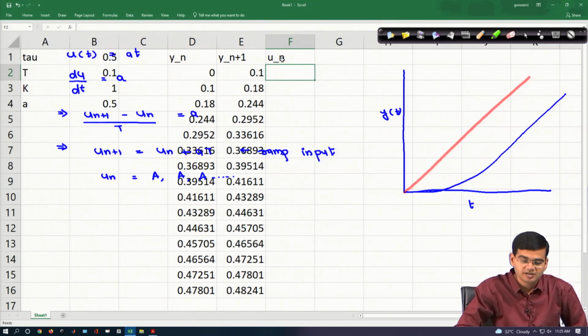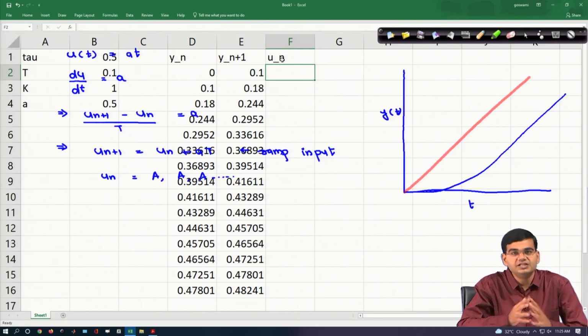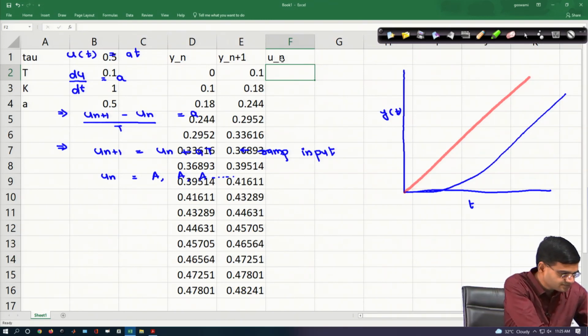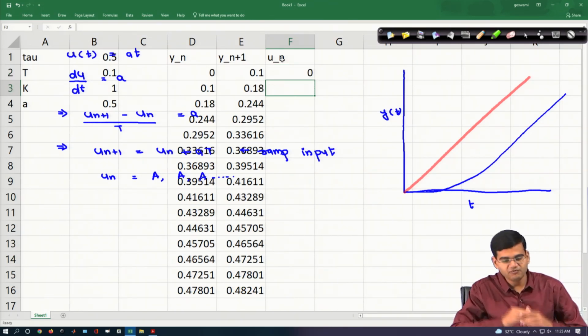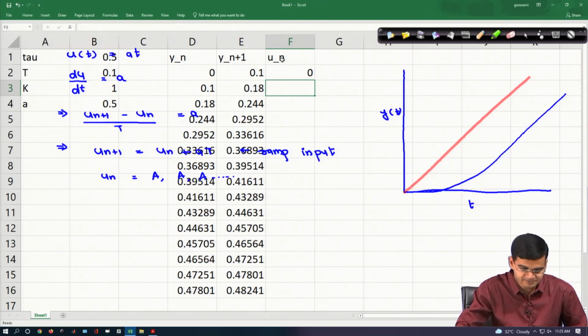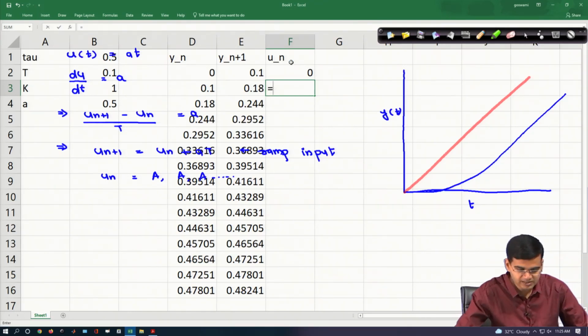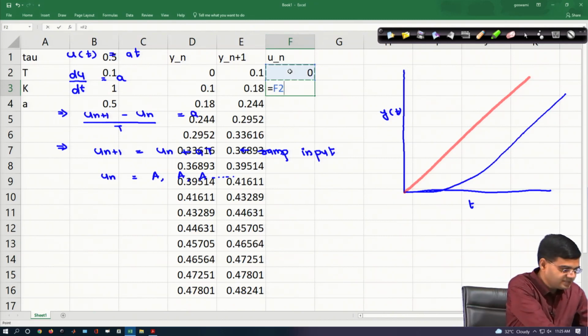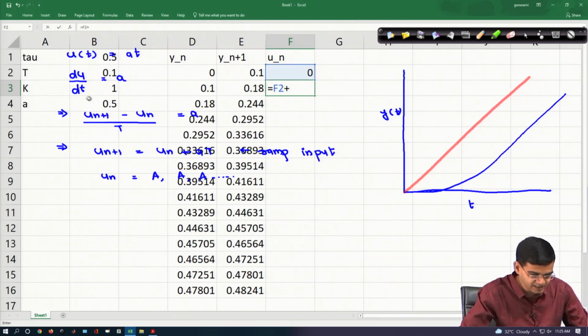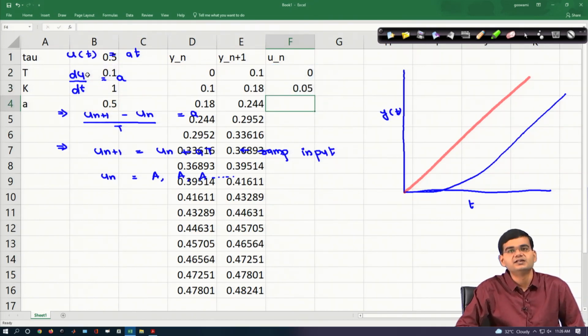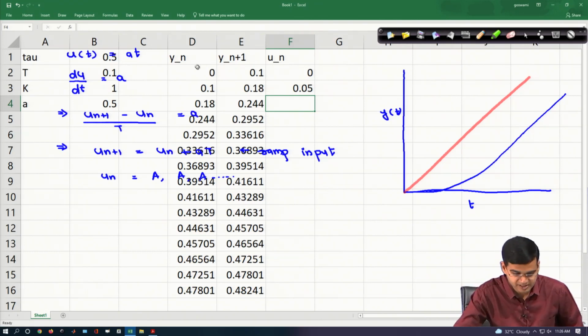Initially u n is simply 0, okay, and u n plus 1 is equal to u n plus a into T. You see here u n has changed, right, u n plus 1 has changed, right.